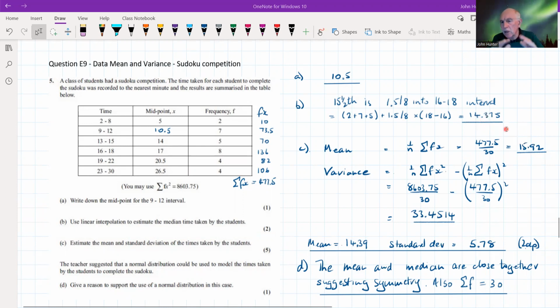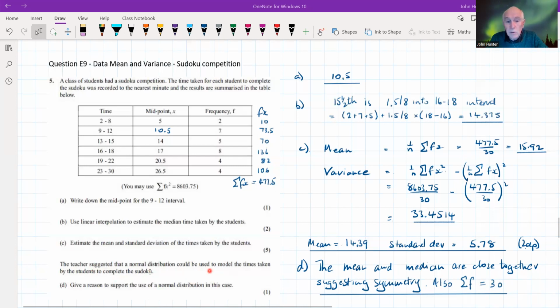So that suggests symmetry in the distribution. And also we've got a count of 30 participants. So as the count gets bigger, it's going to approximate better to a normal distribution.